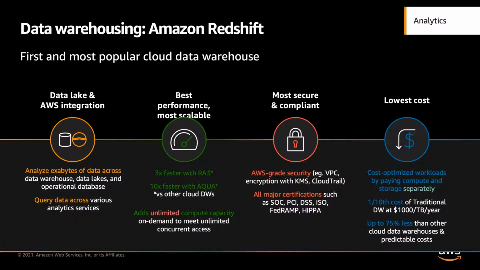For those of you who are coming from the data warehouse world, this would really resonate with them. So Amazon Redshift is our cloud native petabyte scale data warehouse. And what we often see customers do is that they extend Redshift and integrate Redshift with the data lake. And this is what's called lakehouse architecture.